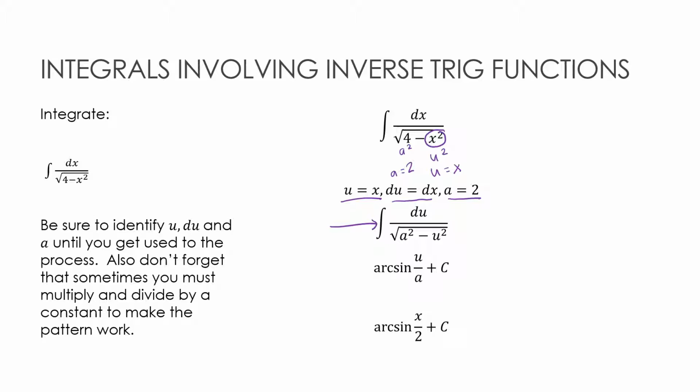Well, now I just have to go back and look at my handout that says, if it fits this pattern, then my solution is the arc sine of u over a plus c. Well, now I'm just going to plug back in u and a. So it's really as easy as that. It's all about patterns. Again, memorize them if you want, but you don't have to.